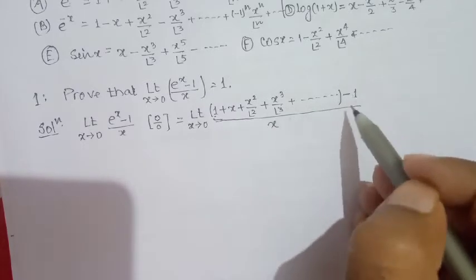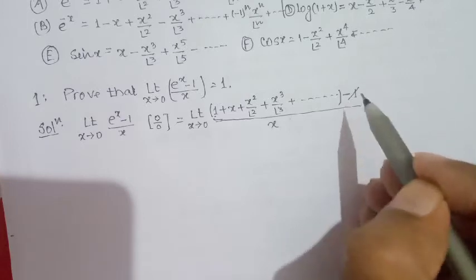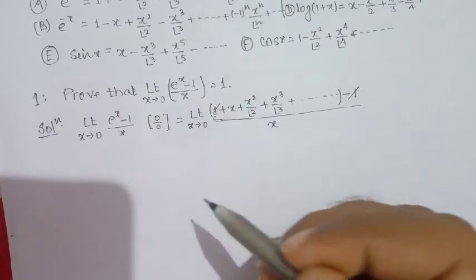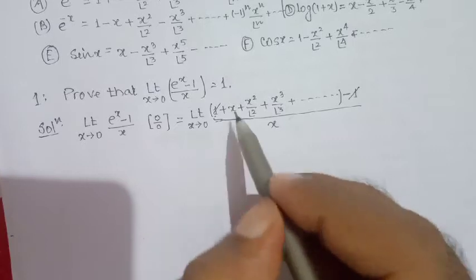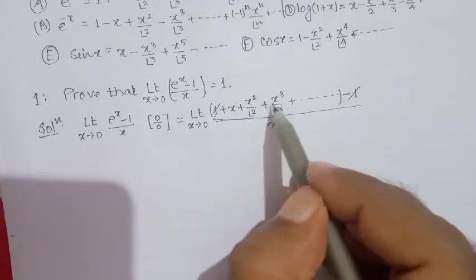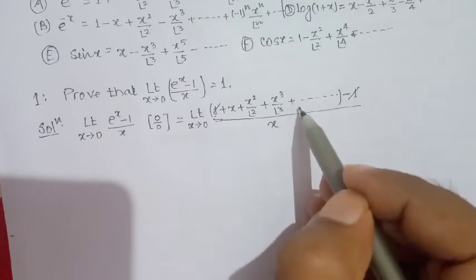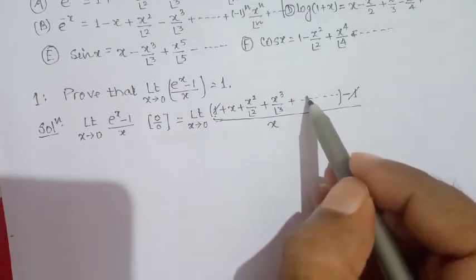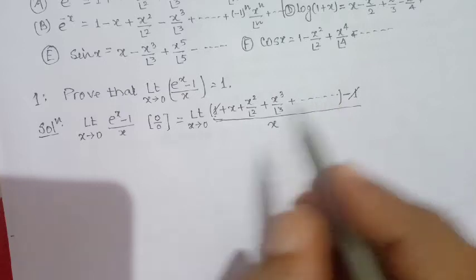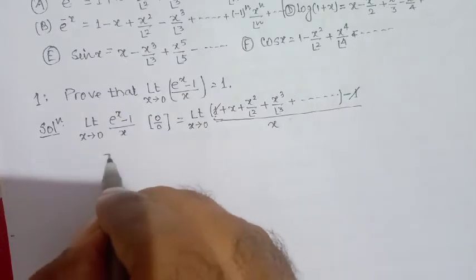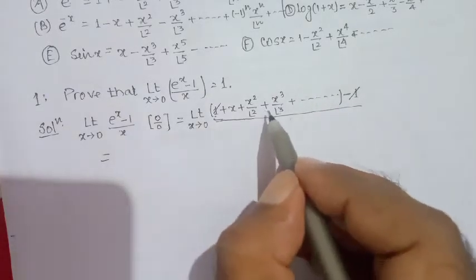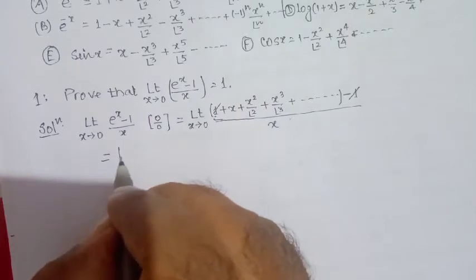So children, see, minus 1 and plus 1 cancel. Now each term contains x cube by factorial 3, then x to the power 4 by factorial 4, that means higher powers of x. So take out x as common in the numerator.